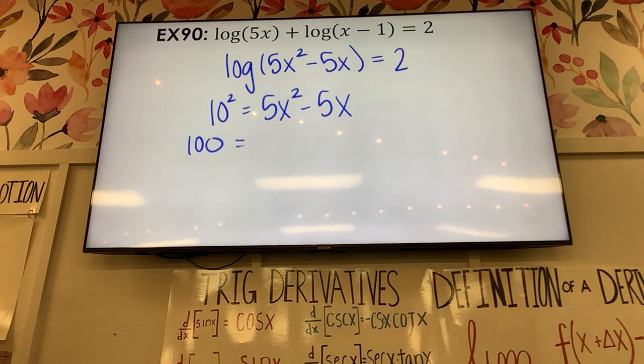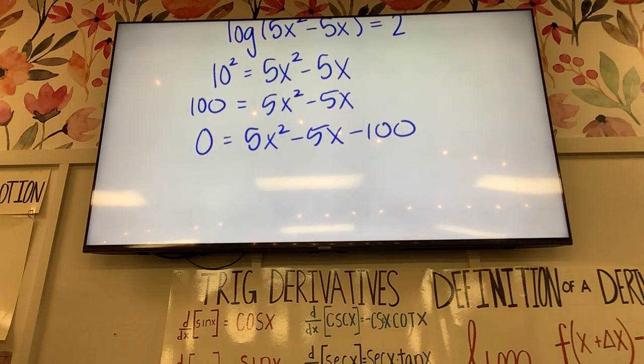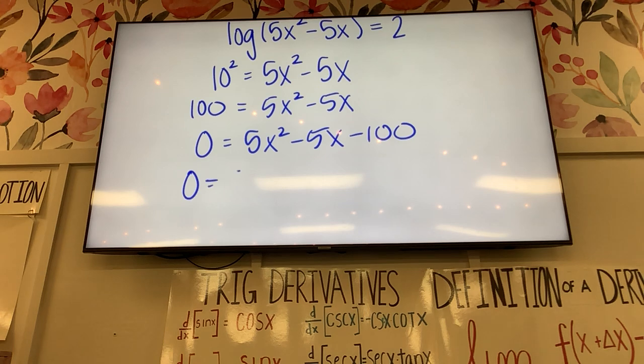And what am I going to do with that 100? Subtract. Make it a quadratic. Put it on the other side and take out a 5, because this one has a GCF, which is actually a good thing, because then you don't have to do the bottoms up.